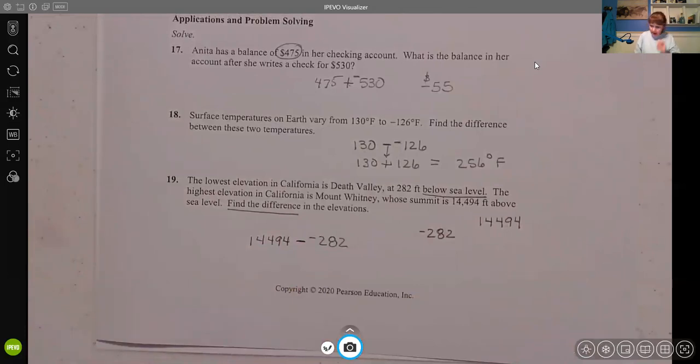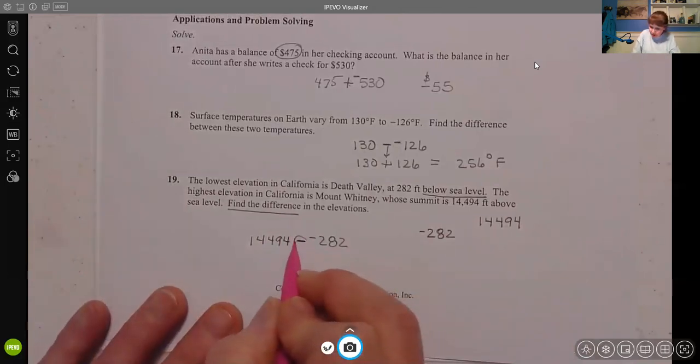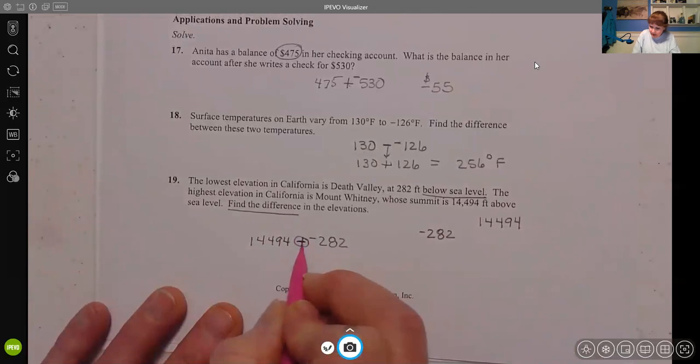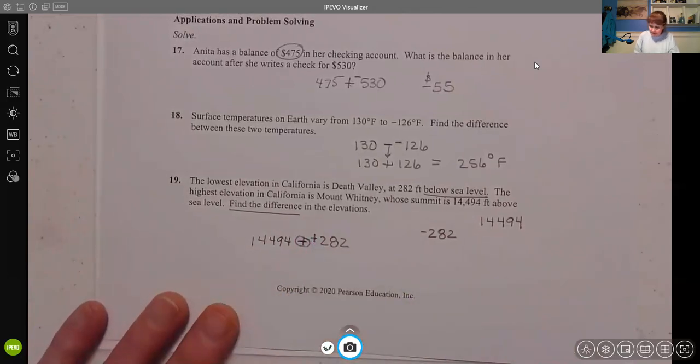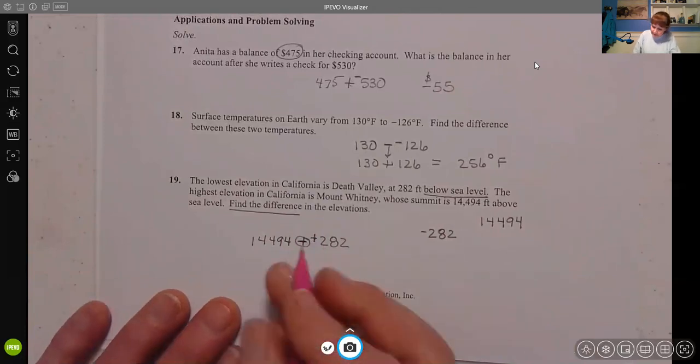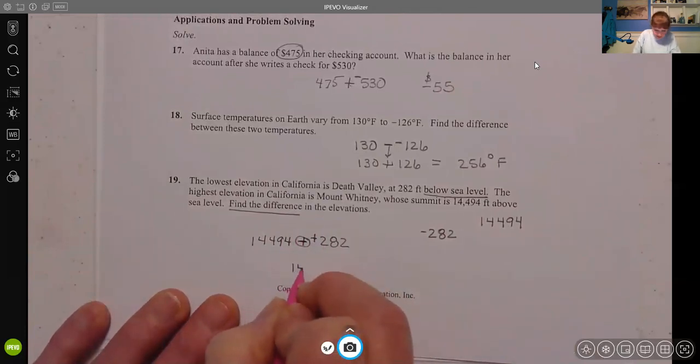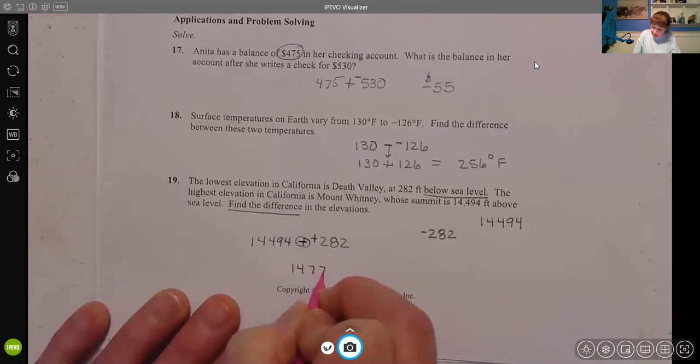Once again, we'll change this to a positive and change that to the opposite. So the negative becomes a positive. When we add these two together, we're going to end up with 14,776 feet.